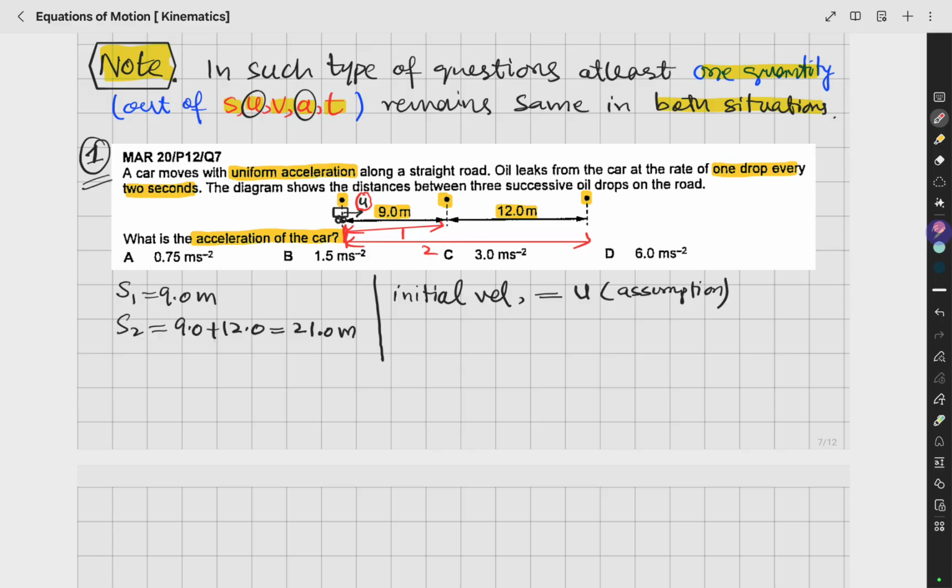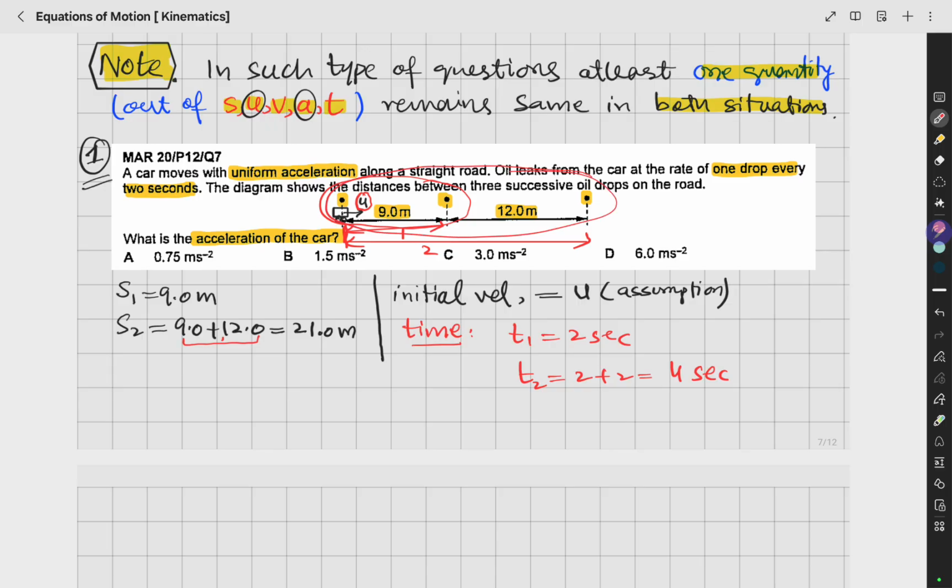So that's why I took this displacement as 9 plus 12. Now you have time. The first time is 2 seconds, and the second situation time is 2 plus 2, it is 4 seconds, because you're taking the whole situation.